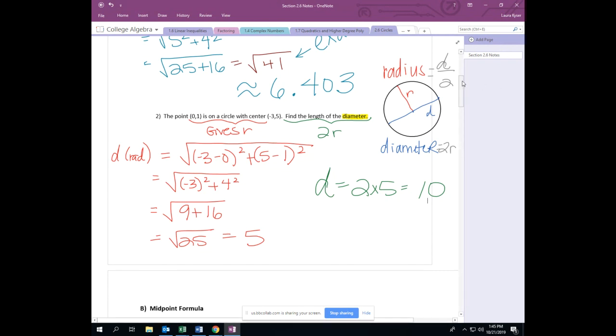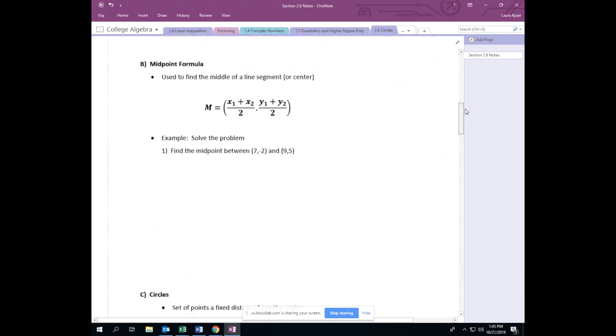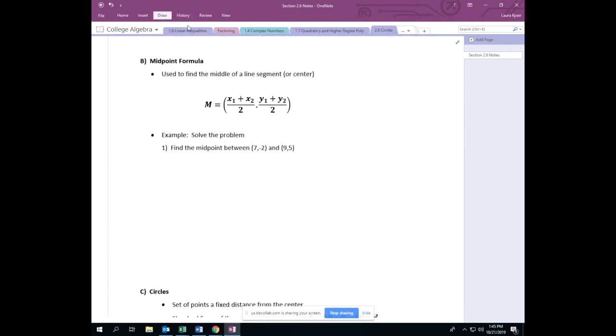All right, let's talk about our second formula. Second formula here is the midpoint formula. The midpoint formula literally gives you the point directly in the middle of two other points.